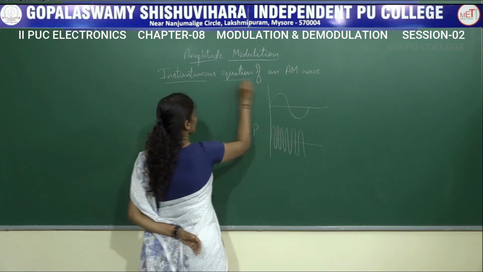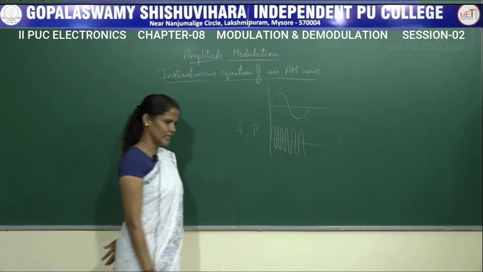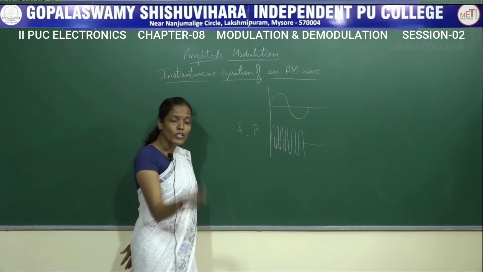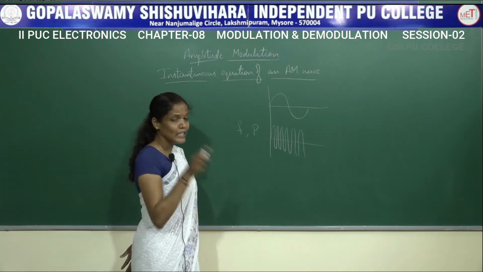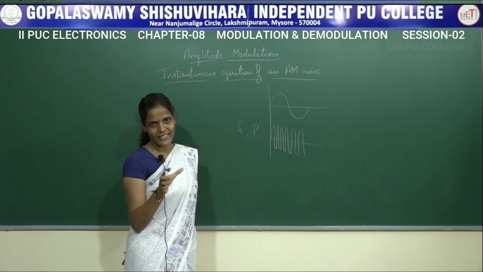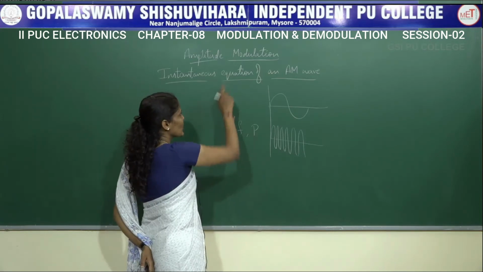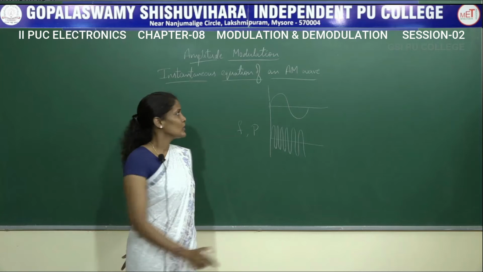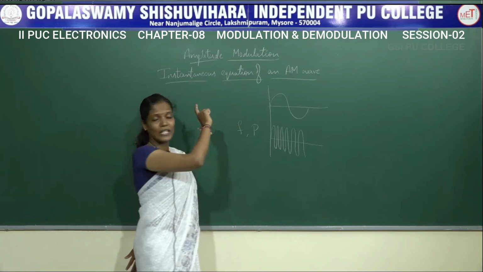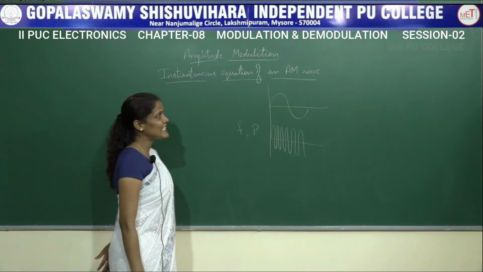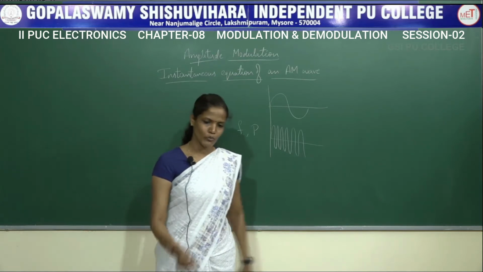So what is this instantaneous equation of an AM wave anta helidre? What will be the amplitude of the newly modulated signal, that is the output of the modulator circuit, adar the amplitude ಏನು ಆಗಿರಕ್ಕೆ ಸಾಧ್ಯ ಅನ್ನೋದನ್ನ ನಾವು ಈ equation ಮೇಲೆ ಡಿಸೈಡ್ ಮಾಡಬಹುದು. So that is the most frequently asked question in the exam. Derive an expression for the instantaneous equation of an amplitude modulated wave.